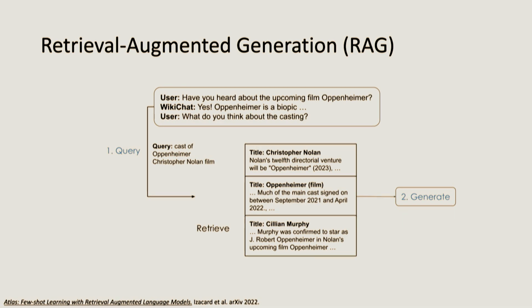In the most simple and common case, given the user's query, they search the knowledge corpus, in this case Wikipedia. We ran this example before the movie came out, so it's quite old, but at the time, it was new knowledge for the model. Then they get a bunch of top results from the retrieval stage, and they give that to another language model to generate the final response to the user.